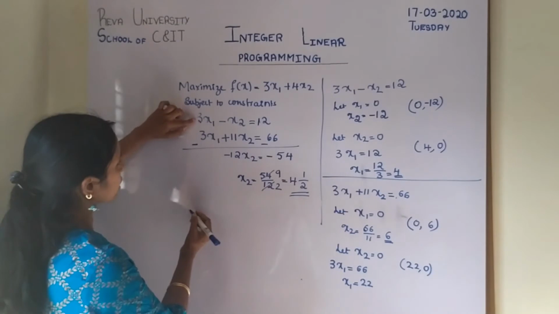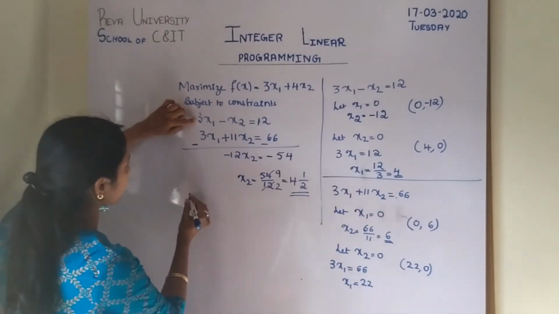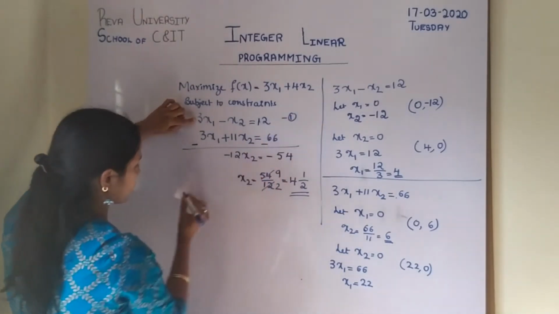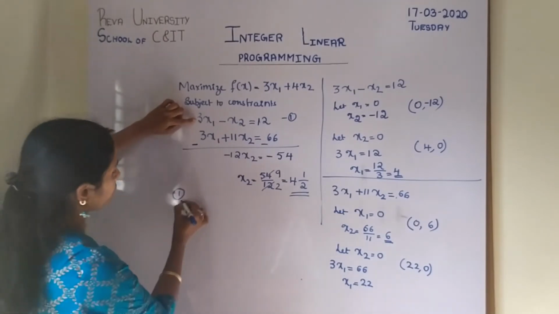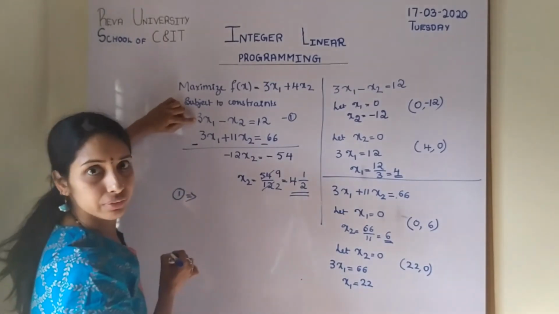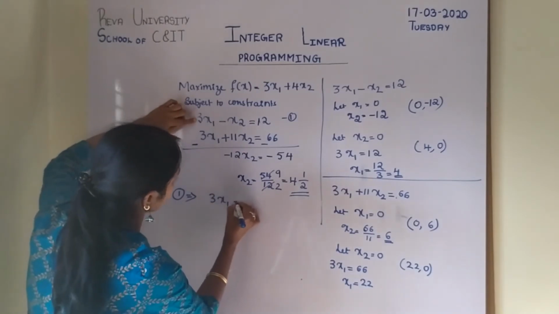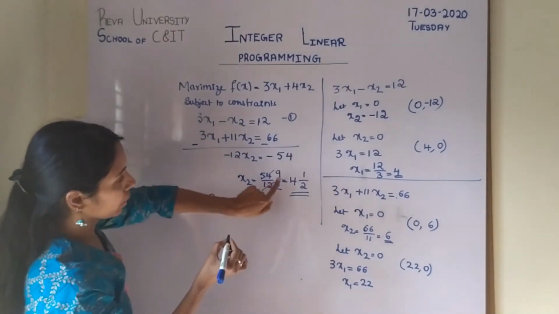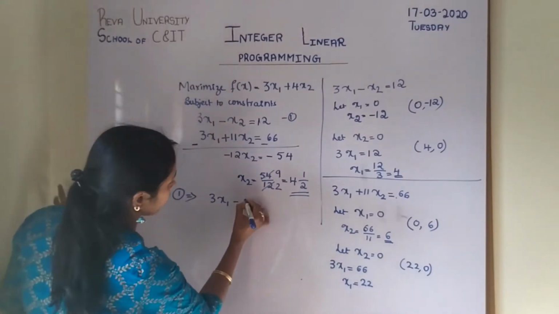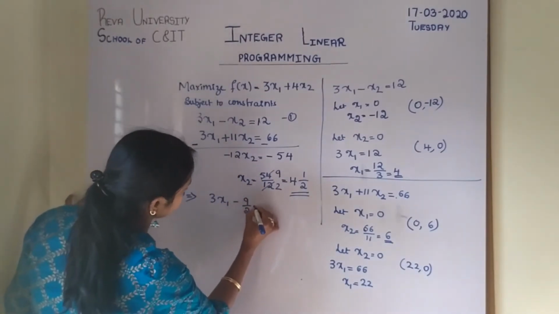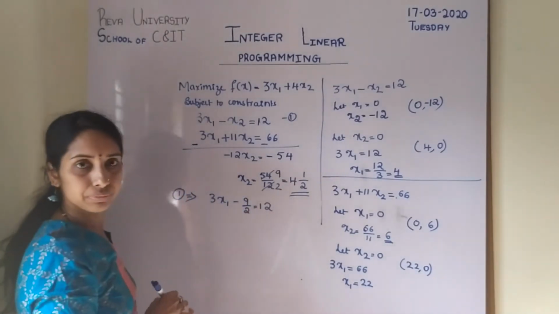So I'll substitute the value of x2 in the first equation: 3x1 minus x2, which is 9 by 2, equal to 12.